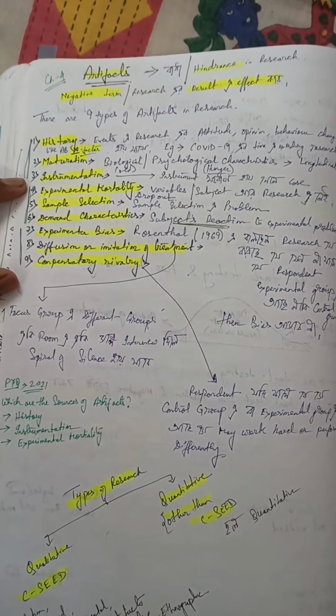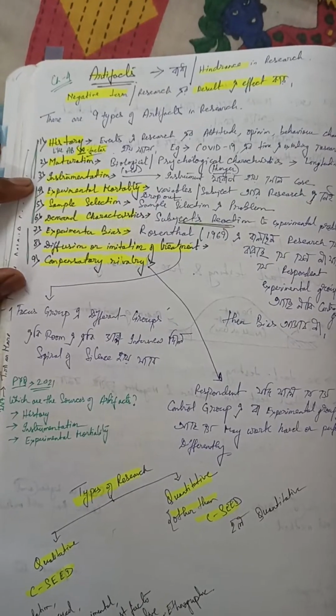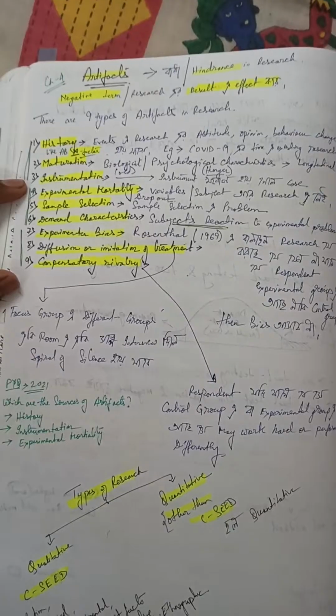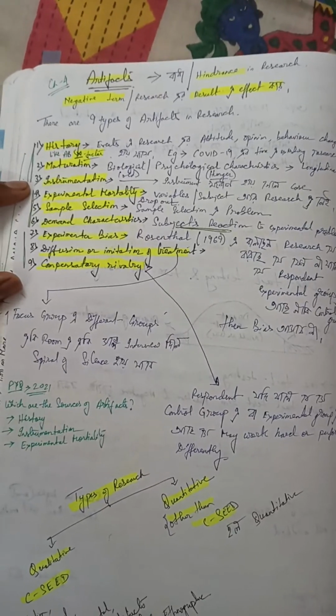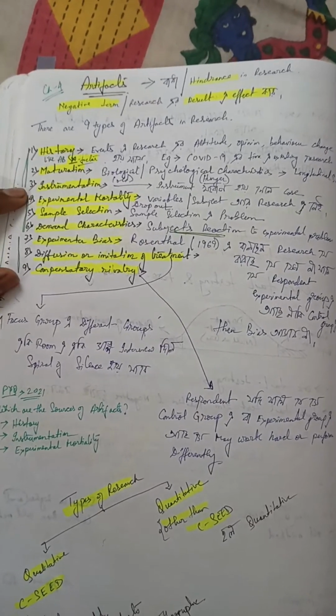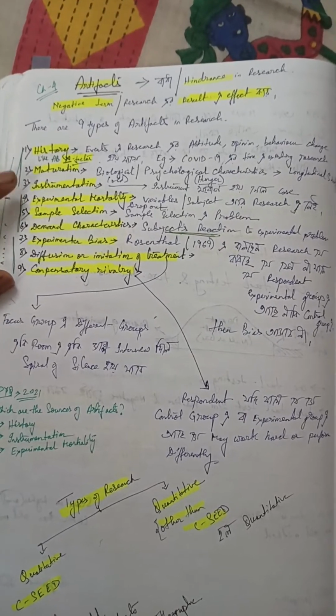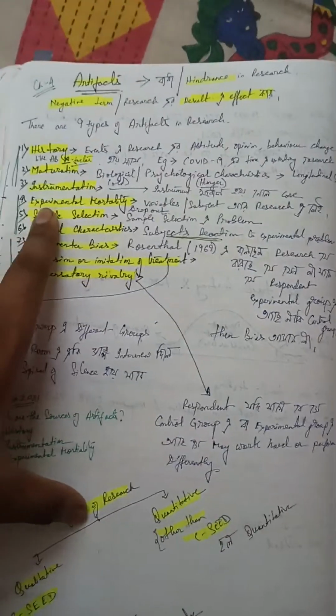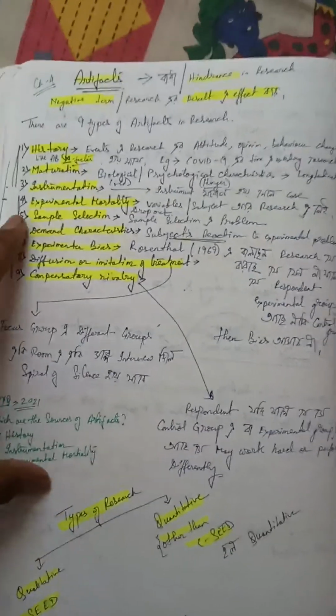Instrumentation means that if the instruments are not functioning properly, then it's the instrumentation artifact, an instrumental problem. Experimental mortality means death, where the subject is the person on whom I am conducting the research.